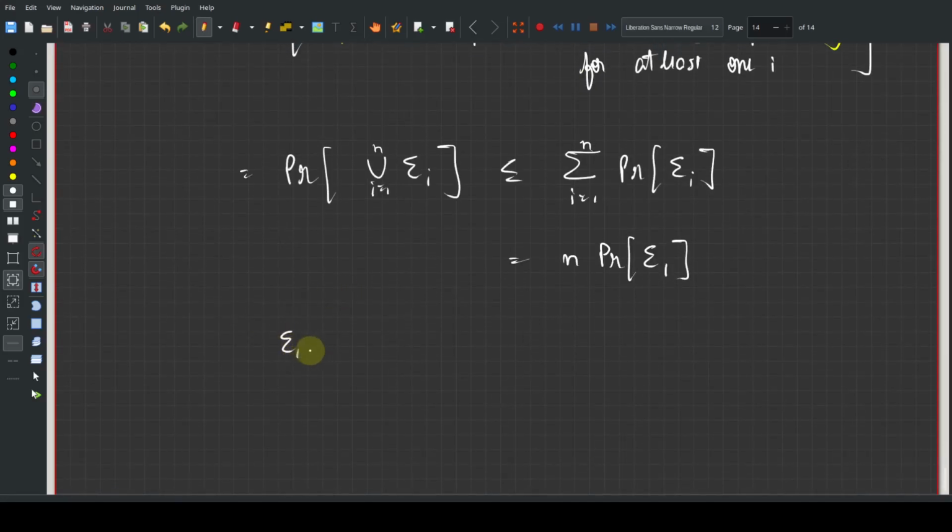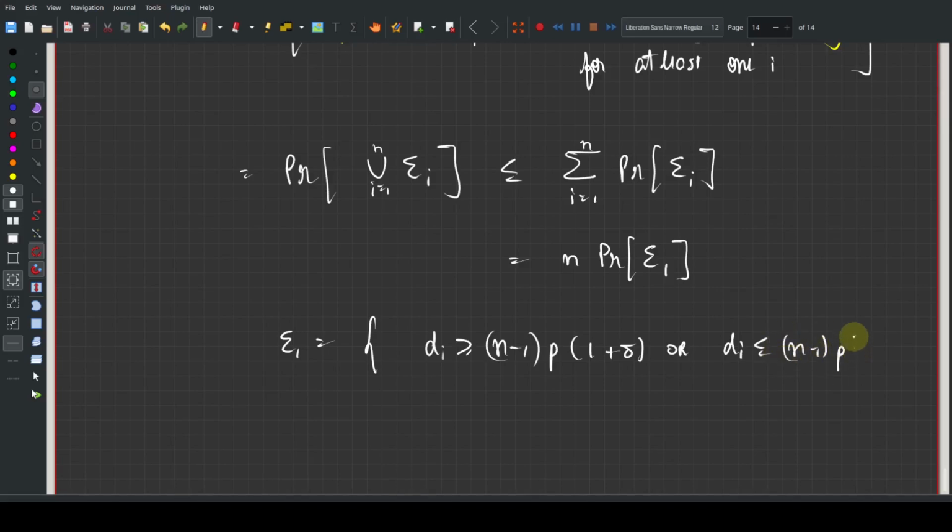So E_1 is the event that d_i is greater than or equal to (n-1)p(1+delta), or d_i is less than or equal to (n-1)p(1-delta). But what is each d_i equal to?